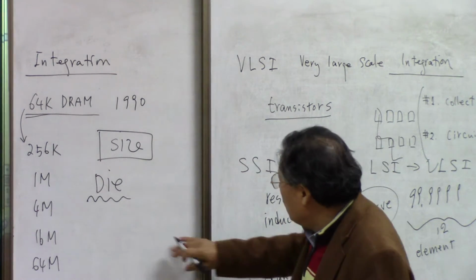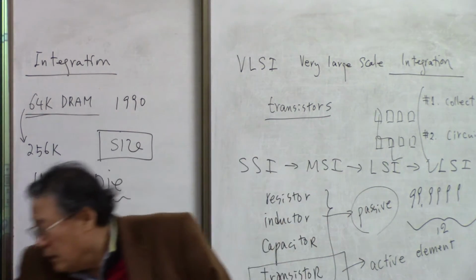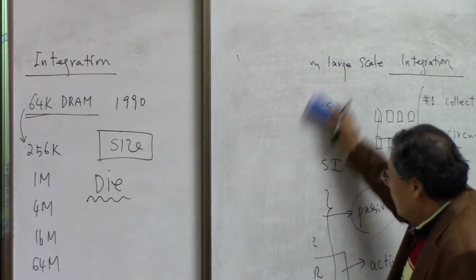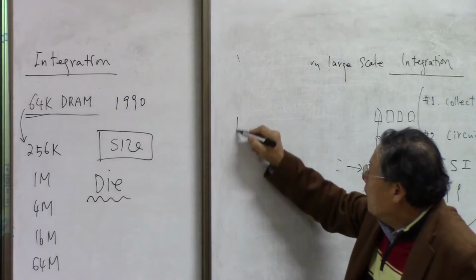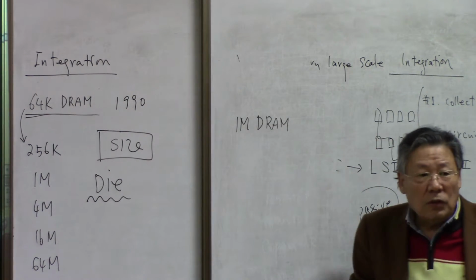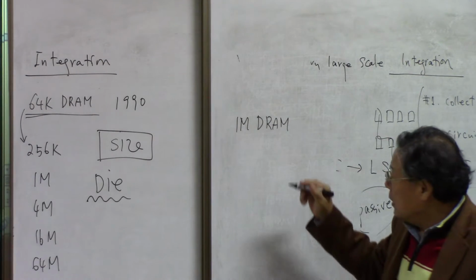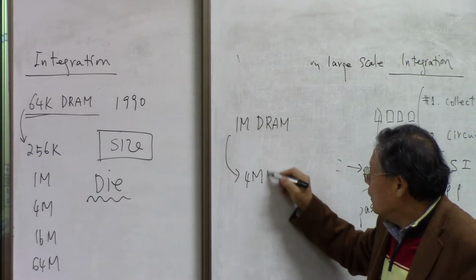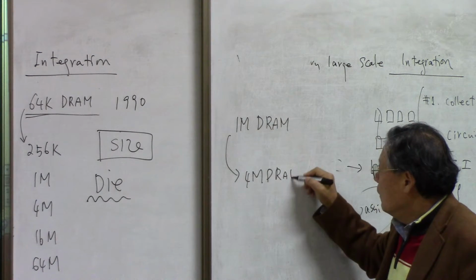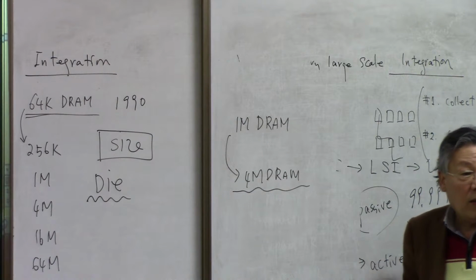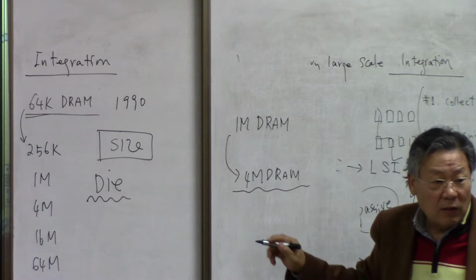So you may be curious that if you can make, for example, 1 mega DRAMs, then you put that thing together to make a 4 mega DRAM, and then the only thing you have to do is just to put them together, okay?